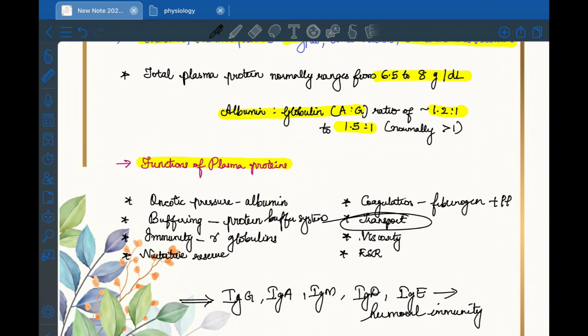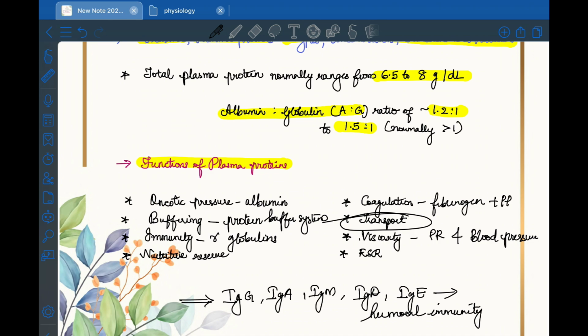Coming to viscosity, the plasma proteins contribute to blood viscosity and thereby influence the peripheral resistance and the blood pressure. We have already covered the session on cardiovascular system, so by now you should have an idea of what peripheral resistance is and what blood pressure is. ESR. The value of ESR is maintained by the fibrinogen and the globulins.